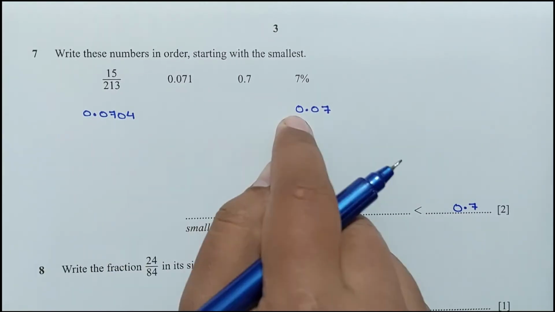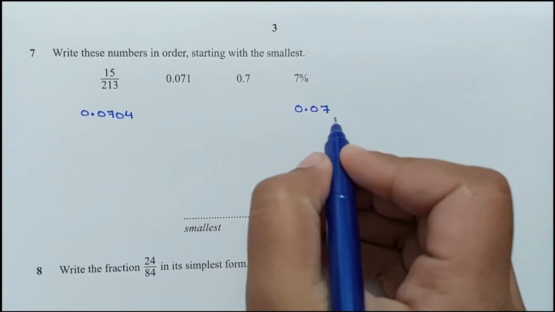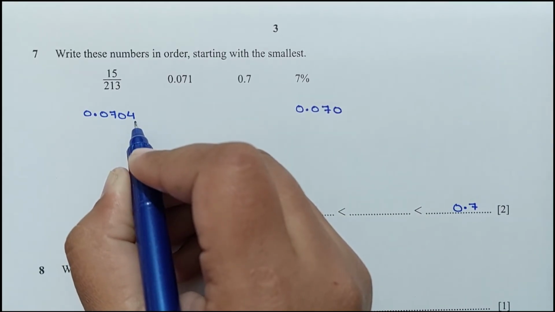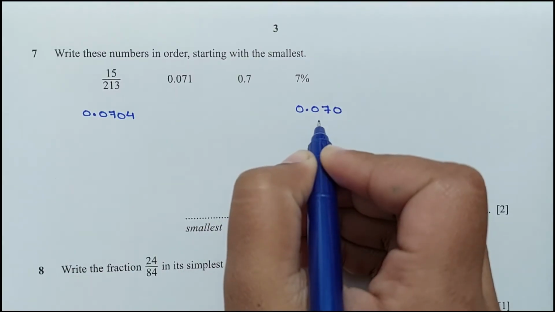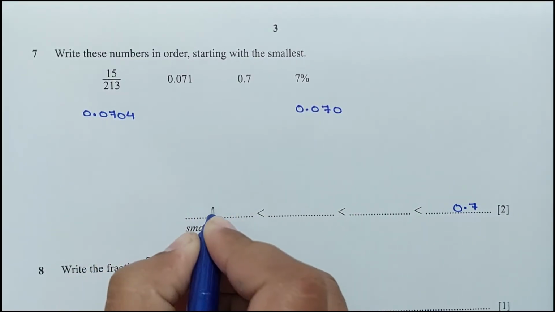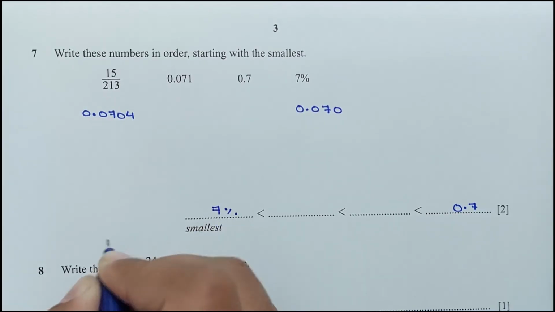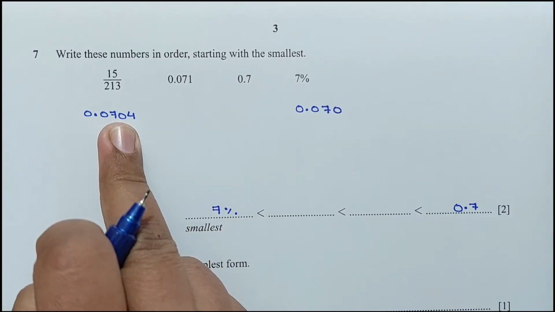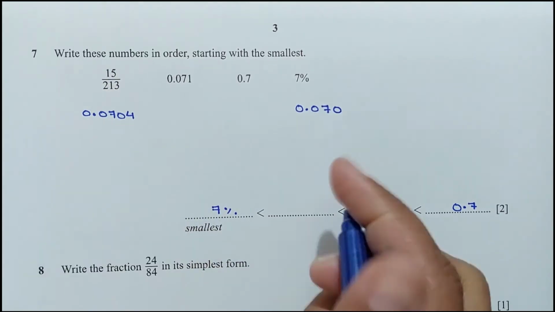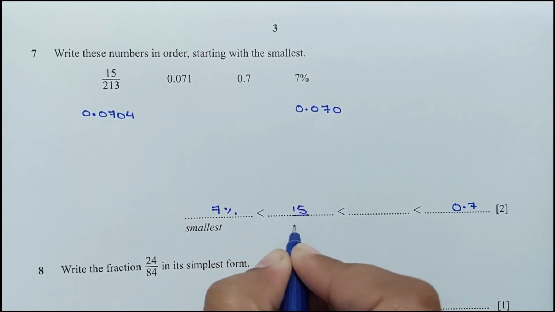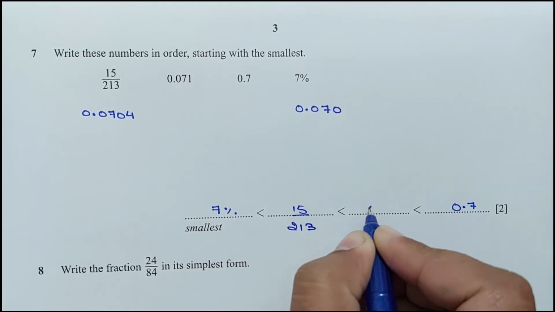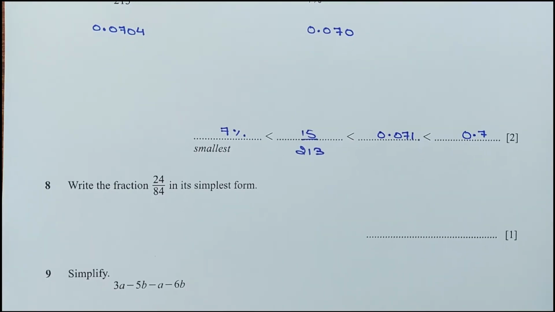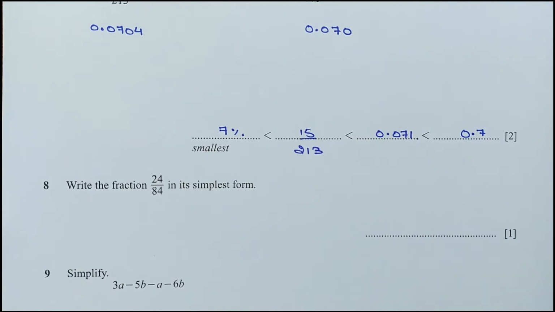So these three are from 0.07. So the smallest is 0.07, the 7%, and then we have 15 over 213, and the last one is 0.071.